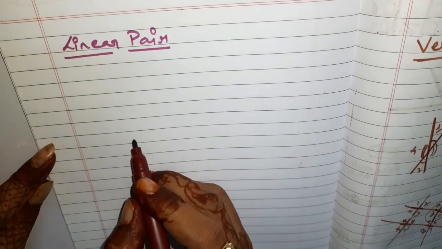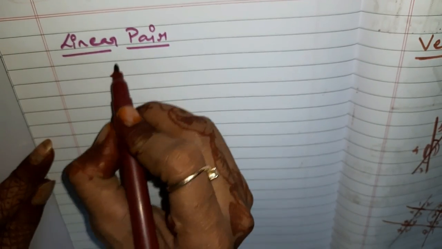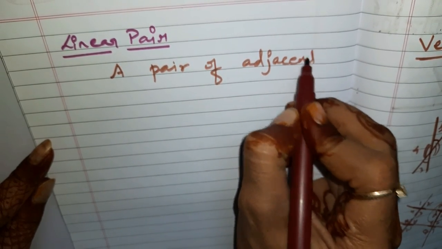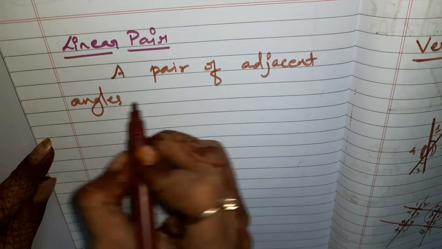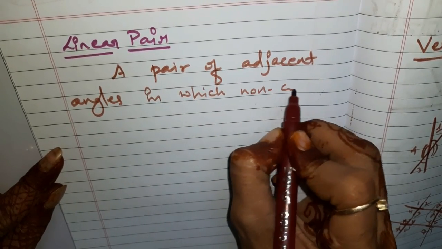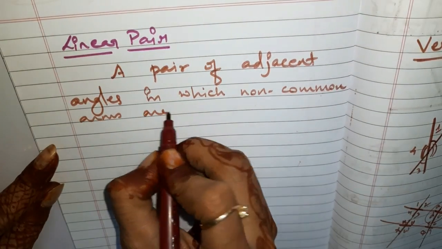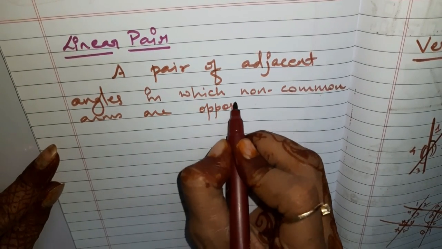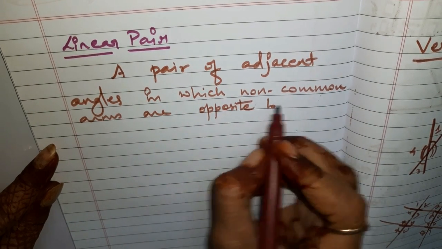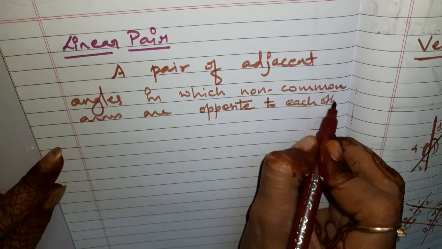What I have told you is that a linear pair is a pair of adjacent angles in which the non-common arms are opposite to each other. Exactly opposite to each other, okay?